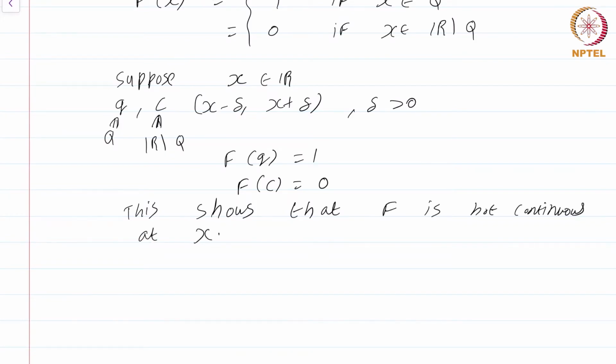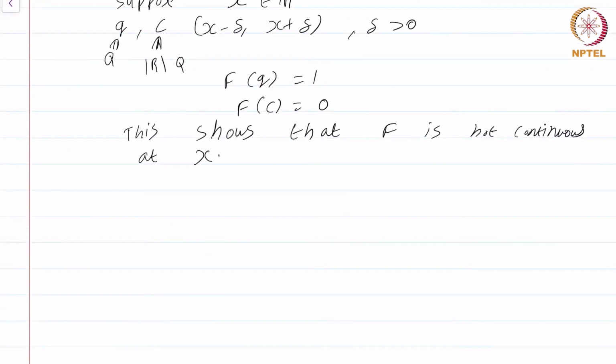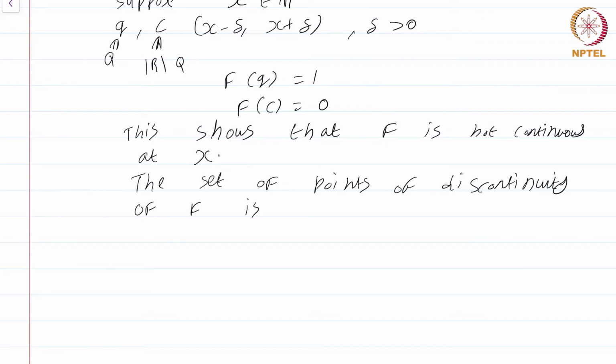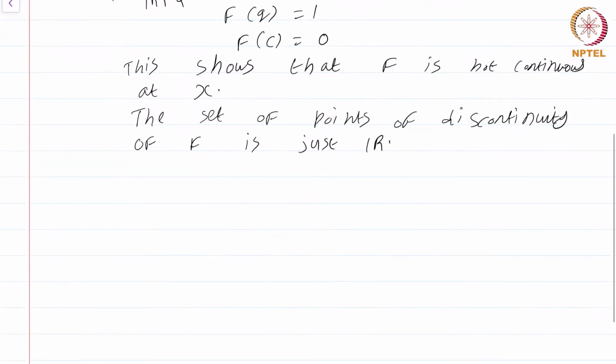So the set of points of discontinuity of f is just R. Every single point on the real line is a point of discontinuity. So it's a pretty weird function. Now let me introduce another weird function.